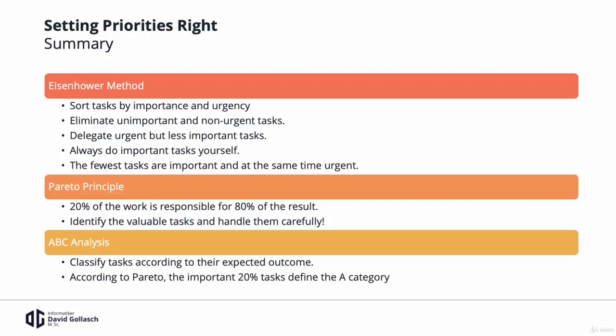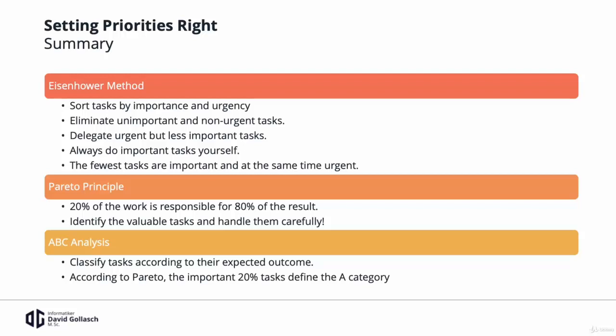You always do the important tasks yourself, and you have to care about all of them, because you have to keep in mind that those tasks that are important but not urgent at the moment might be urgent in the future. So you have to take care of them very early, as you know that they are there.